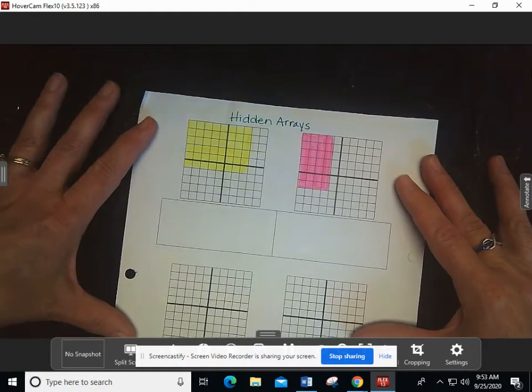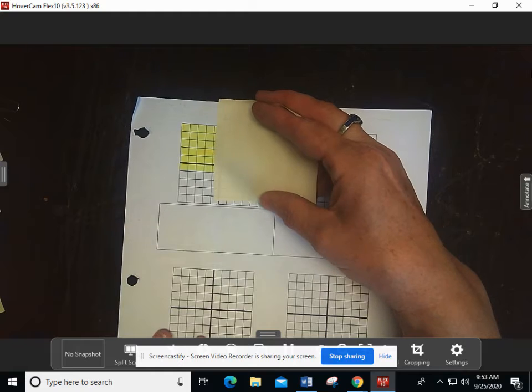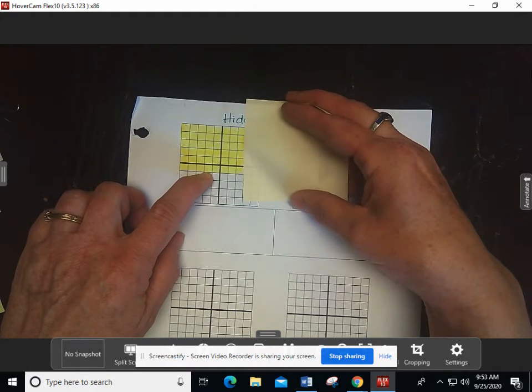Thank you. So, looking at this, yesterday we were talking about arrays. And we were talking about how arrays can be hidden inside of other arrays. So as we look at this, I could divide this array right here so that I have 4 and another 4.